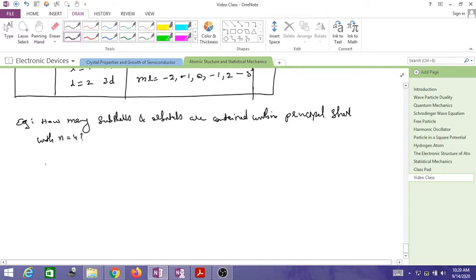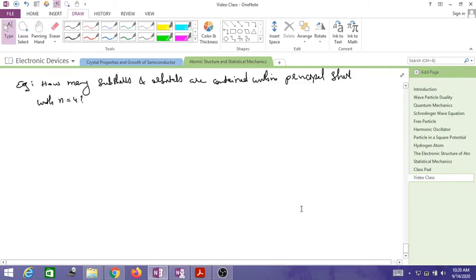So with n equal to 4, how many subshells and how many orbitals are there? That is the question.